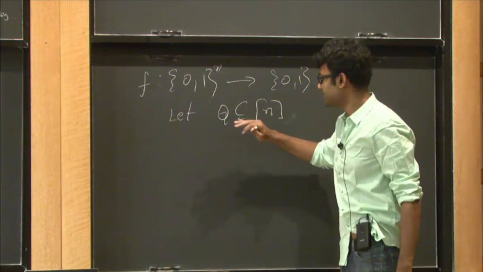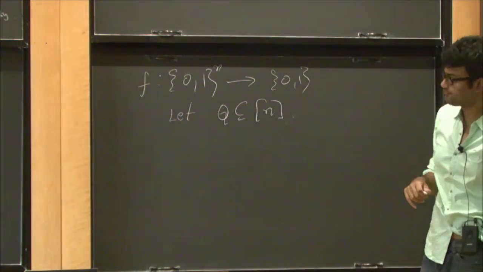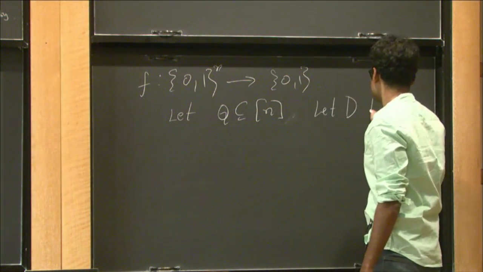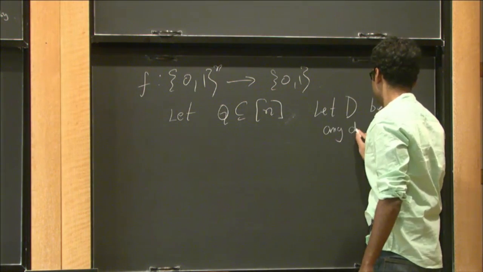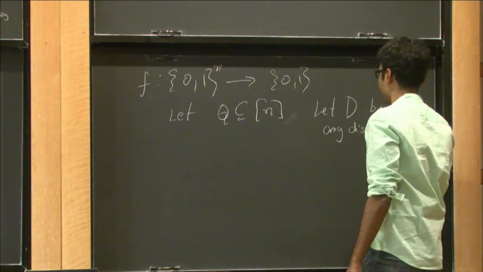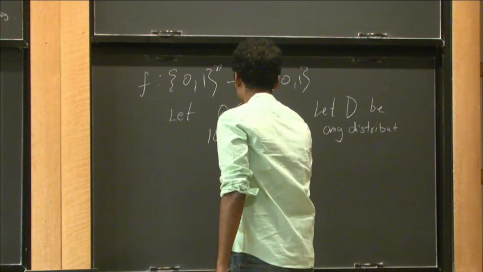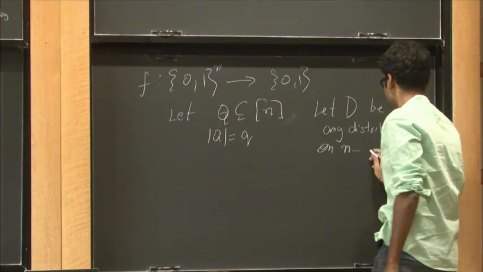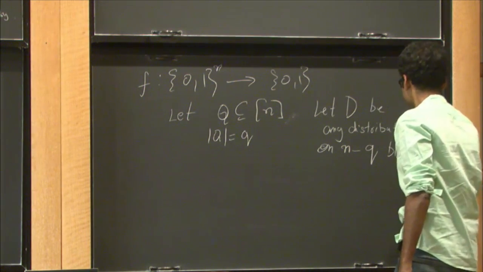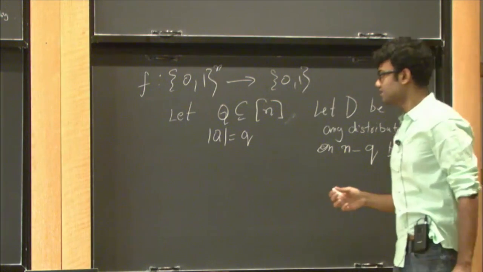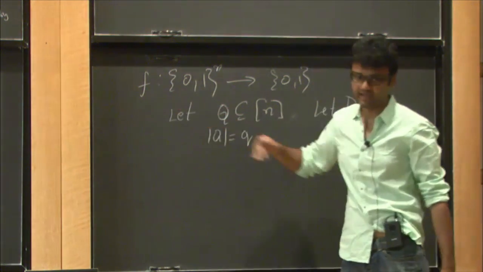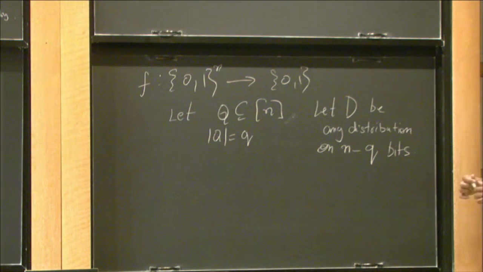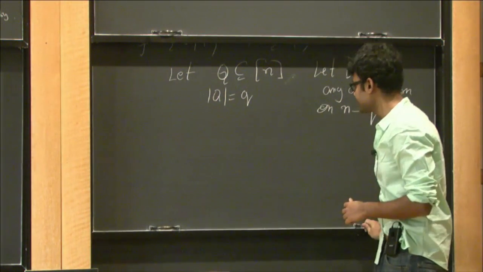Let the size of Q be small q. The way we define the influence of this subset on this function f is with respect to a distribution D. Let me just formally state it.